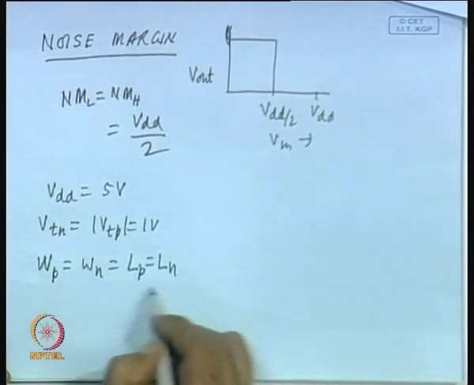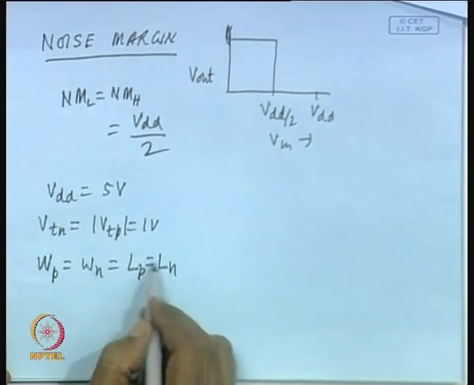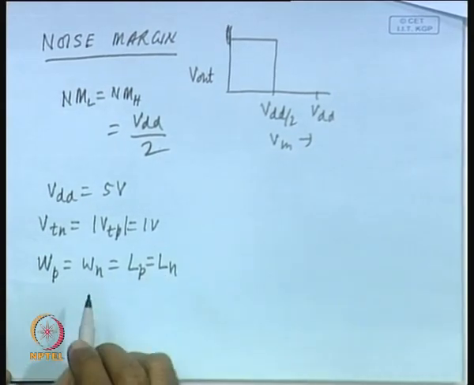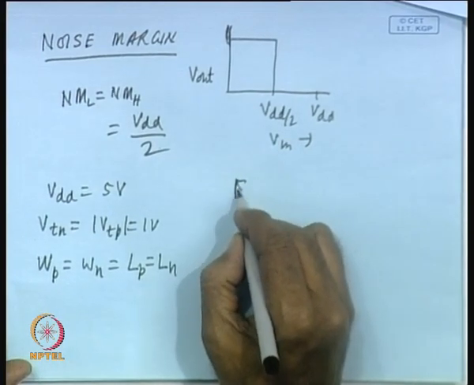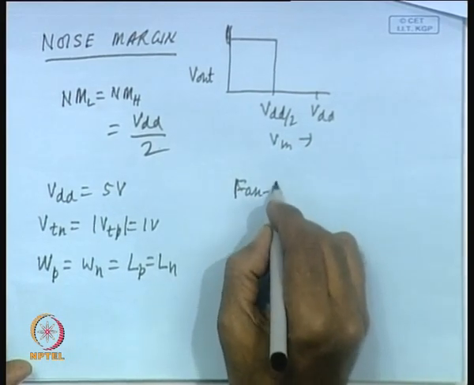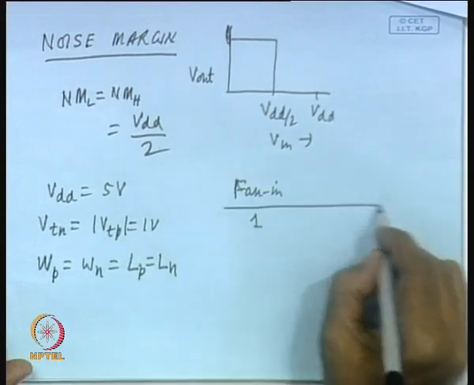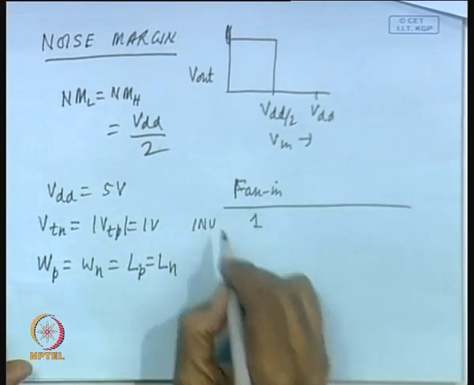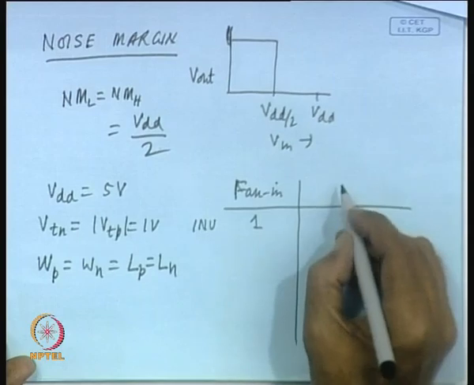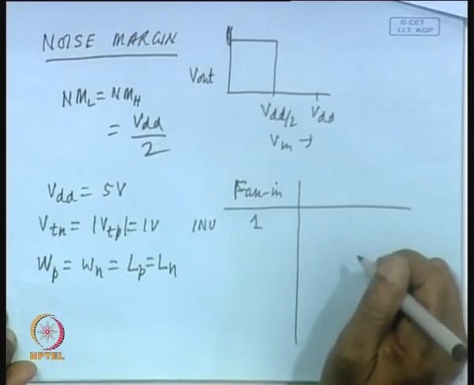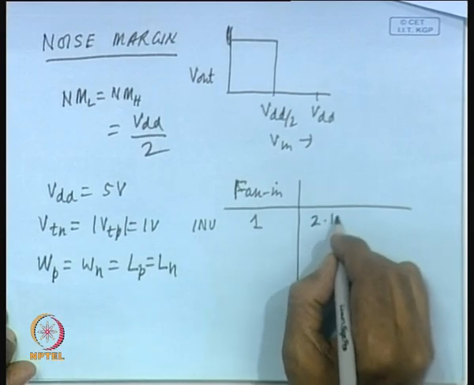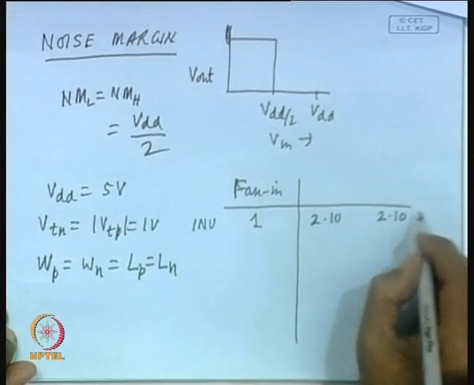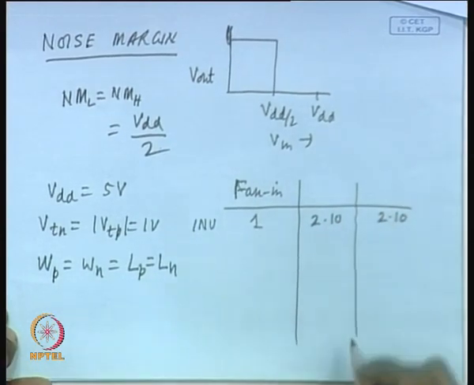So, here we are assuming the width and length are all the same. In such a case, for fan in equal to 1, that is the case of an inverter, the switching point will be equal to 2.10 volt.